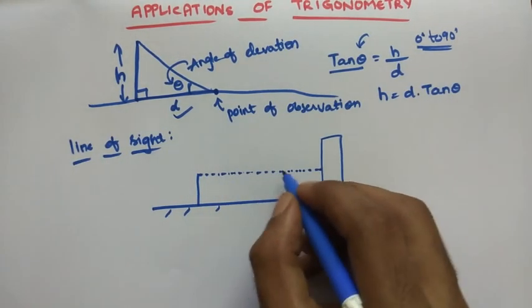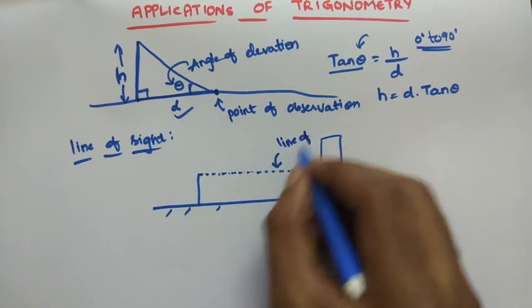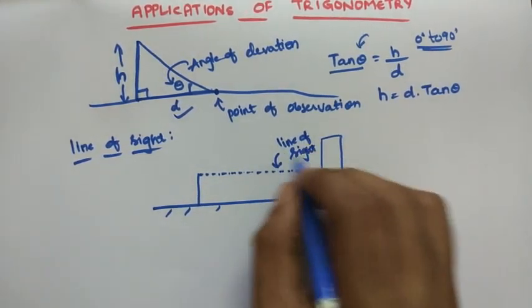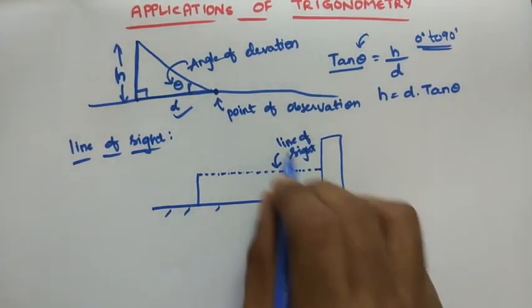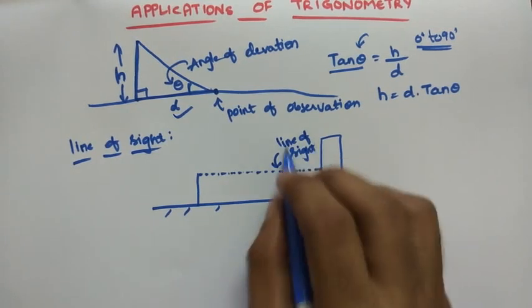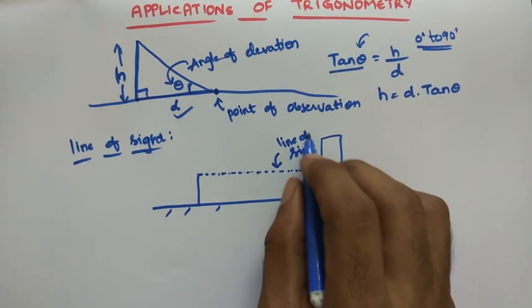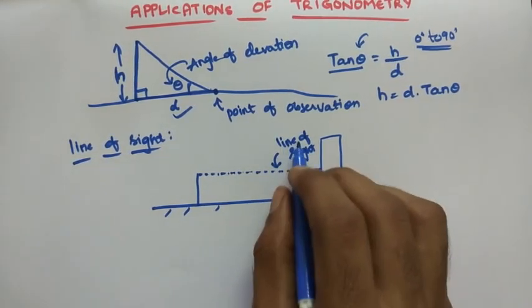This line is known as line of sight. Its importance is we will calculate all angles with respect to this line of sight. It is very important. Whenever a problem is given, we need to identify this line of sight. With respect to this, we'll measure this angle.